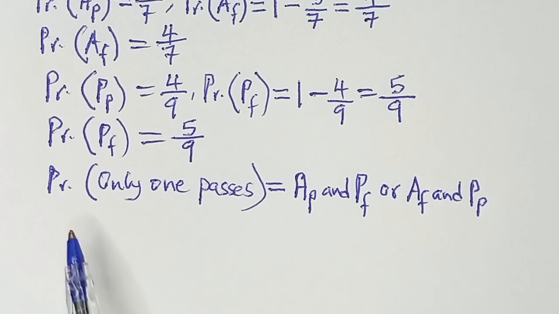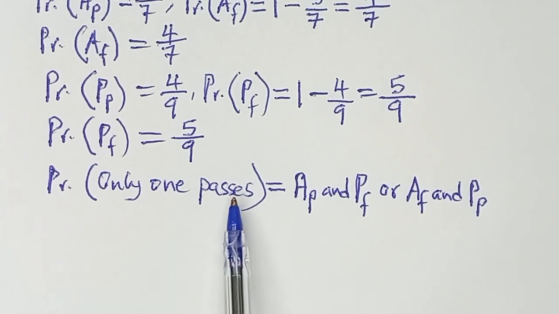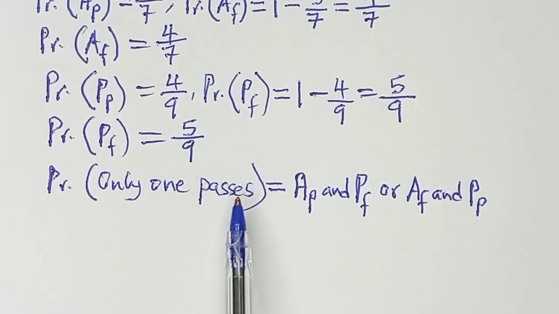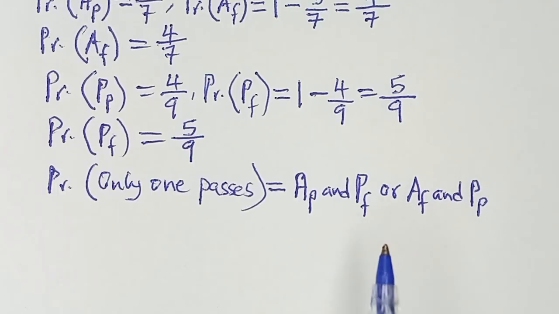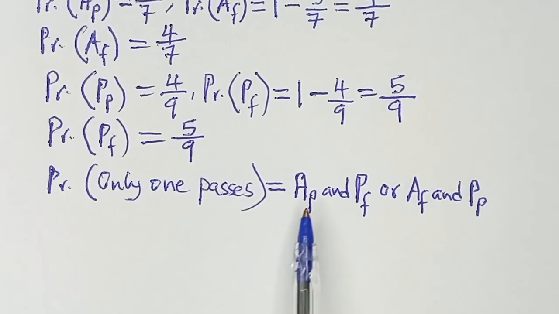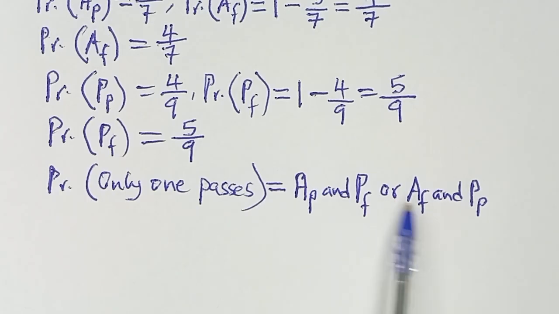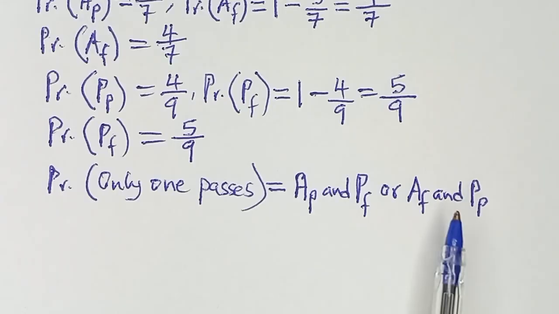If only one of them passes, out of two people, it means that one passes and the other fails. Now, we don't know which of them actually passes. So we say it is either Aaron passes and Peter fails, or Aaron fails and Peter passes. So this is the logic behind it.